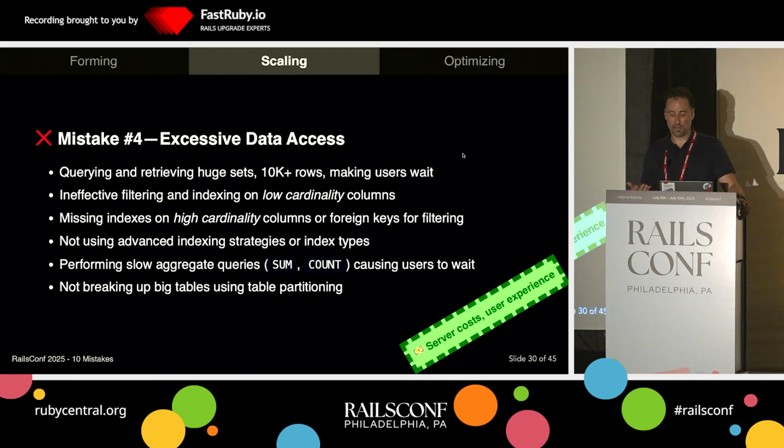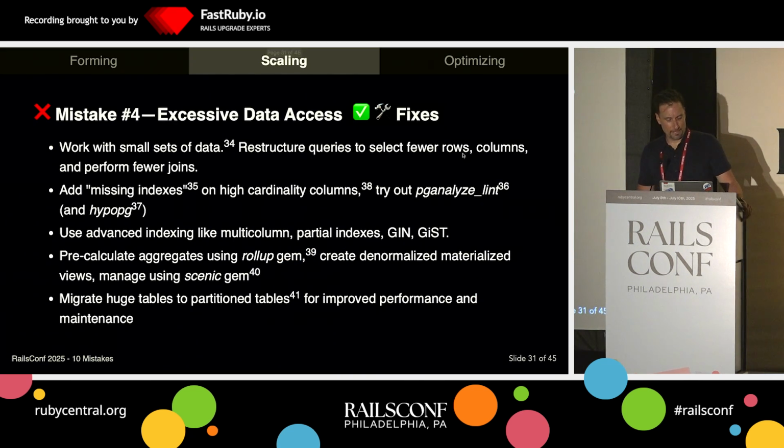Missing indexes on high cardinality columns or foreign keys, and missed opportunities for filtering and reducing our result set sizes. Not using advanced indexing strategies or index types, performing slow aggregate queries like sums and counts, making users wait, and not breaking up big tables using table partitioning, which we'll touch on briefly. So again, this could increase your server costs and worsen your user experience.